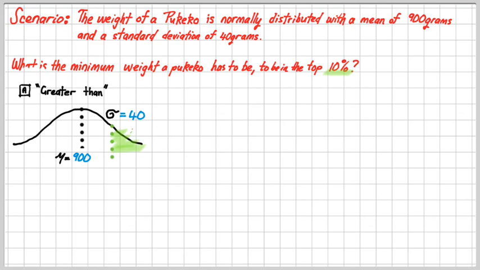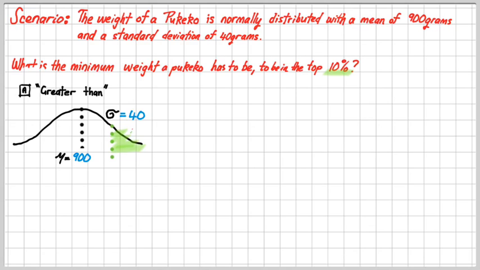So in terms of your sketch there of the normal distribution, using the information that we have, I know that it's going to be the greater than case because I want to look for the top 10%. So I've shaded in that part in the green there. I've also put in there my mean of 900 and standard deviation of 40, just so it's clear and I can refer back to it when I need to.